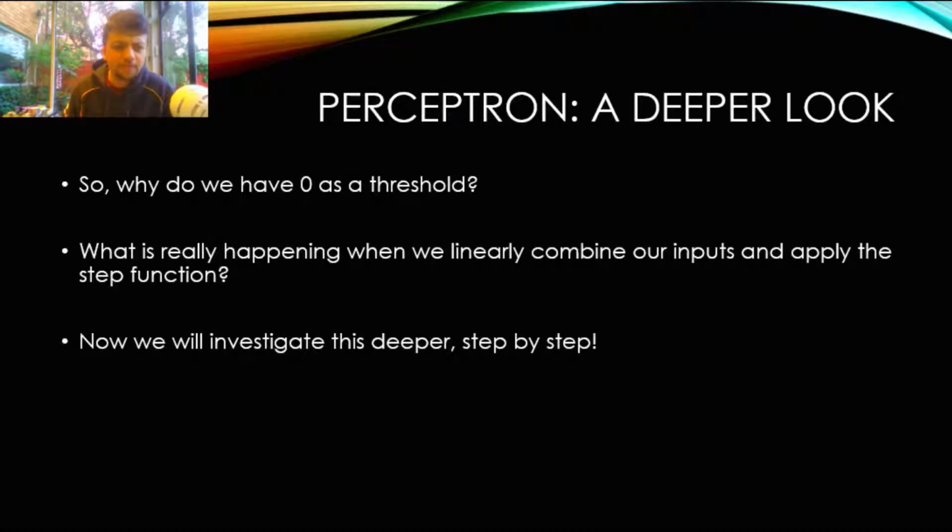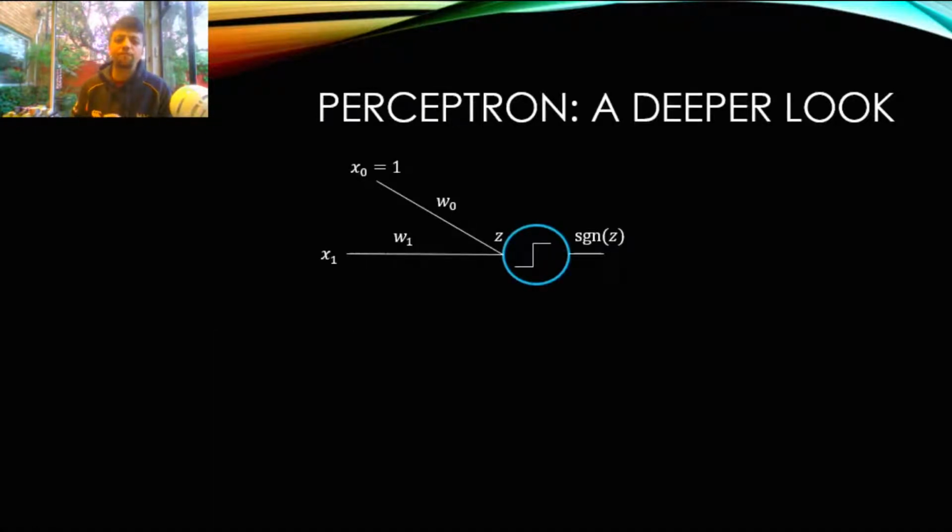Here we have a very simplified type of perceptron. Your data has only one feature, one-dimensional, and that feature is called x1. And x0 equals 1 is nothing but your bias unit. W0 and W1 are the weights.